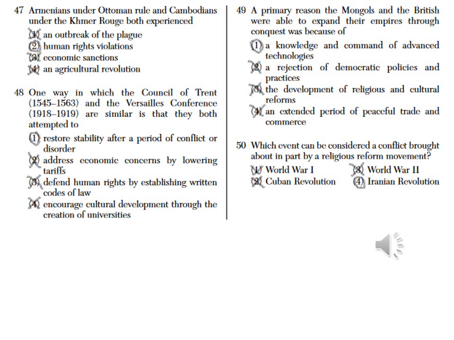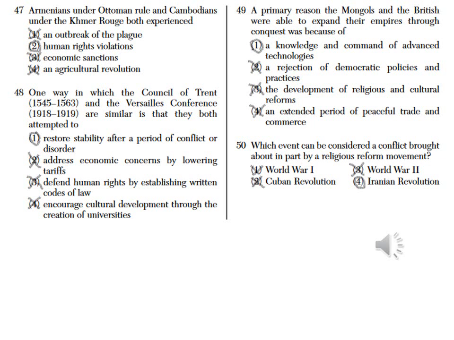So if you remember what Council of Trent was, basically there was a Reformation in Europe where someone like Martin Luther attempted to reform the Catholic Church, and Council of Trent was a response to those developments. So it was Counter-Reformation.